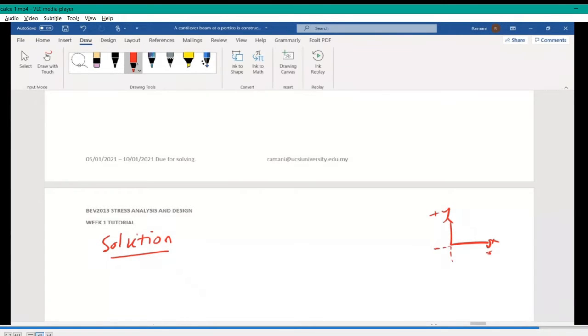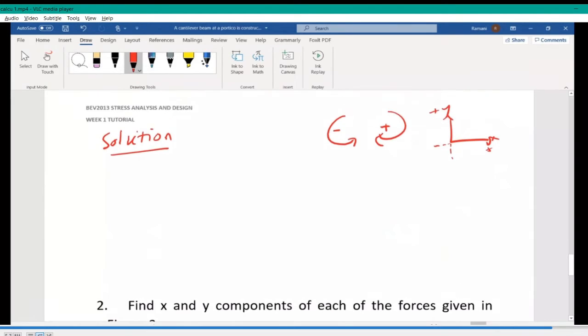Then another sign convention, clockwise and anti-clockwise. This is clockwise, this is anti-clockwise. You hold the timepiece in your left hand, and if you want to wind it, you will turn it like this, isn't it? So from right to left, that is why it is positive. Left to right is negative. I keep all this convention in mind and then proceed with the solution. For the solution, I start with the free body diagram.